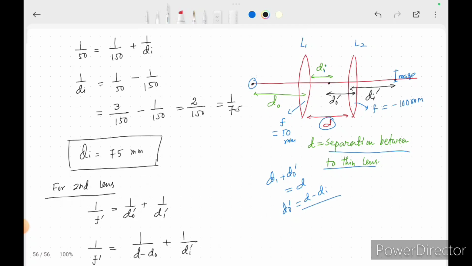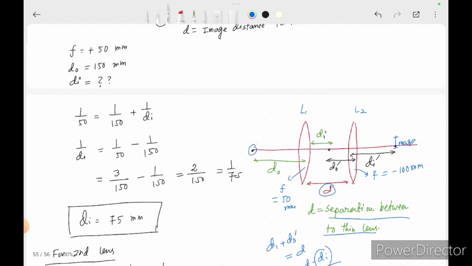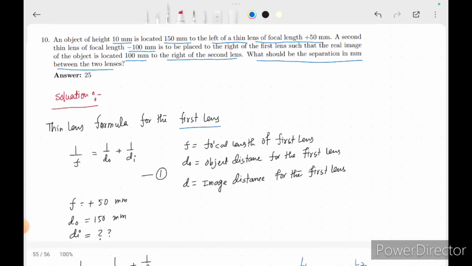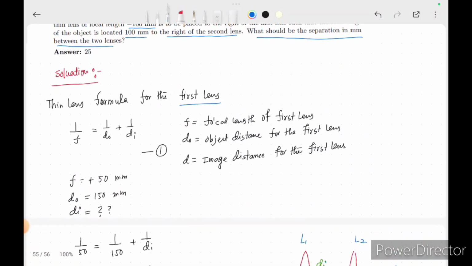To solve this question, first we need to calculate the image distance formed by the first lens, that is d_i. From the thin lens formula for the first lens, 1 by f equals 1 by d_o plus 1 by d_i, where f is the focal length of the first lens, d_o is the object distance for the first lens, and d_i is the image distance for the first lens.